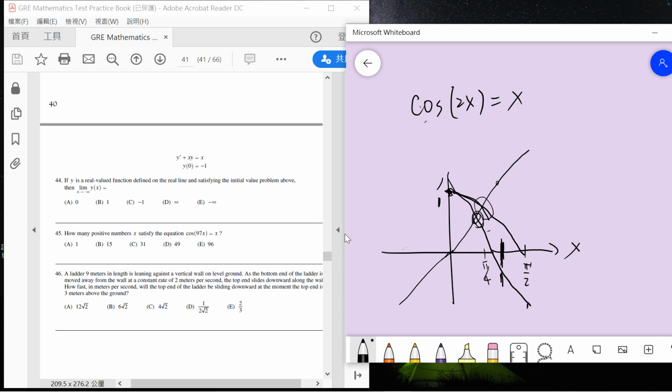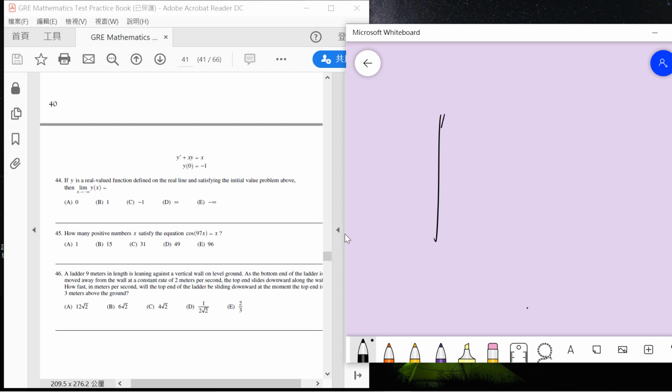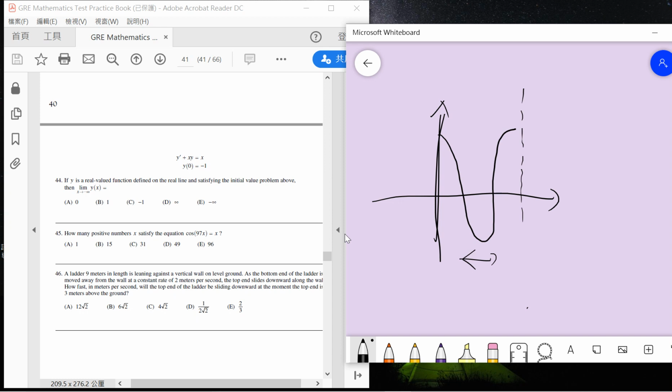But for cosine 3x, or I should say this, this is the function of the cosine, right? This is basically one small cycle, the half, the small one period.